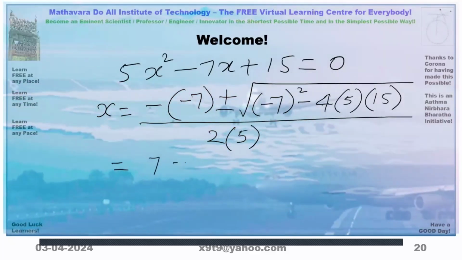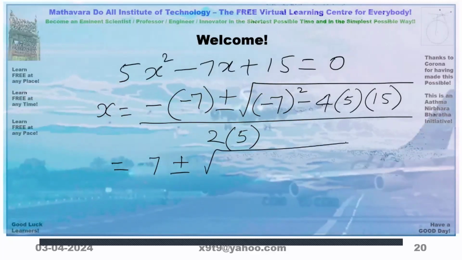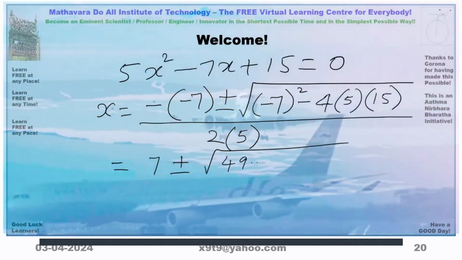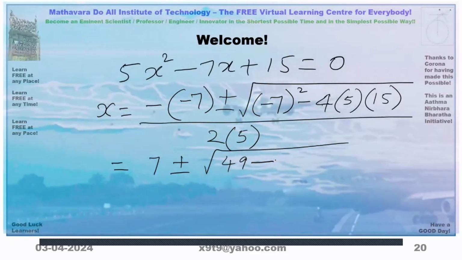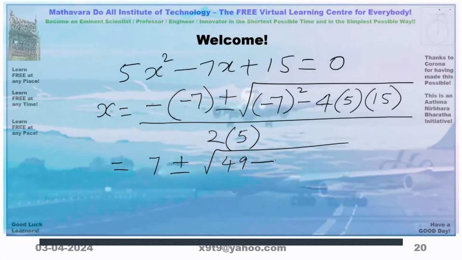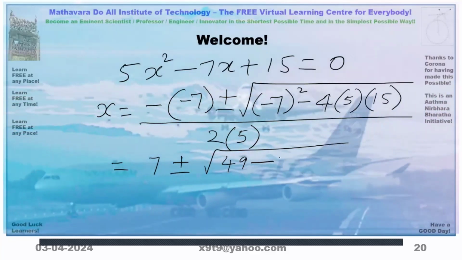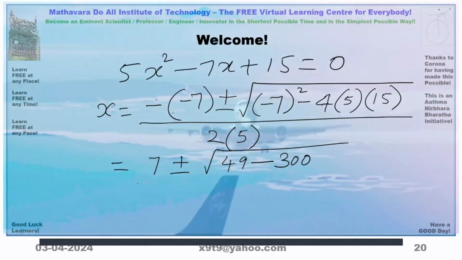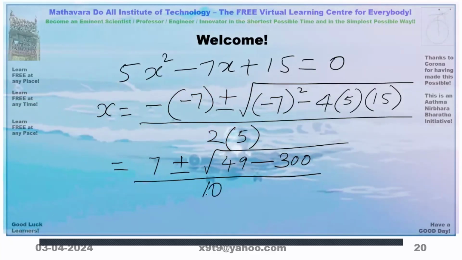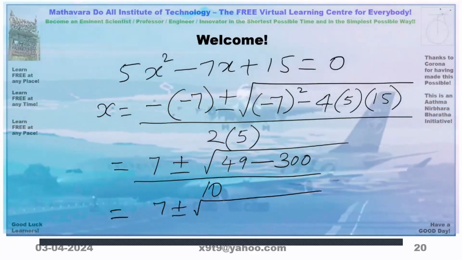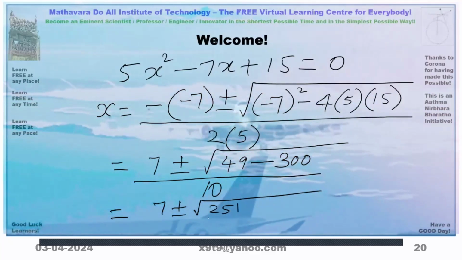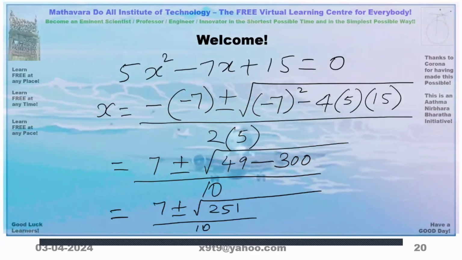So it is 7 plus minus root of 49 minus 15 into 5 is how much? 75 into 4 will be 300, divided by 10.